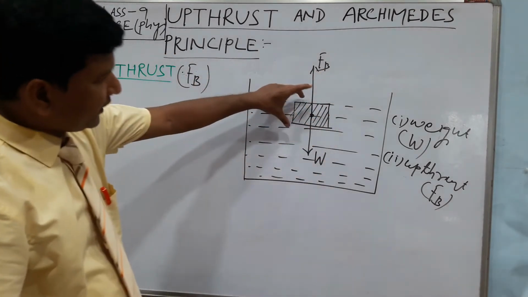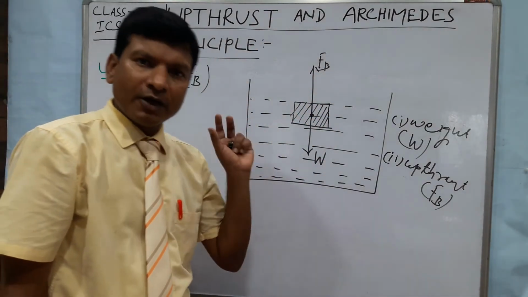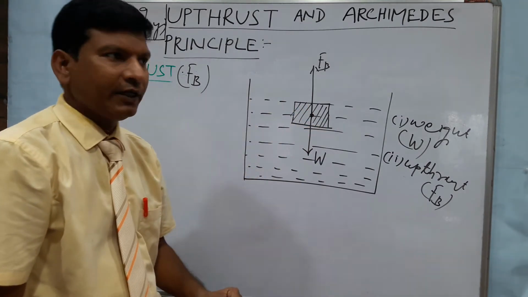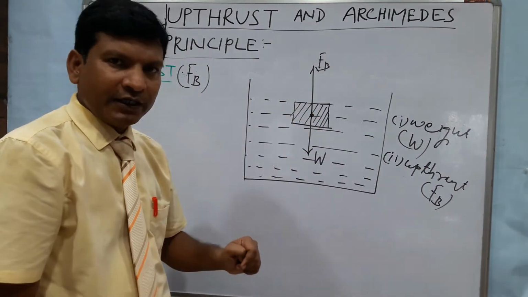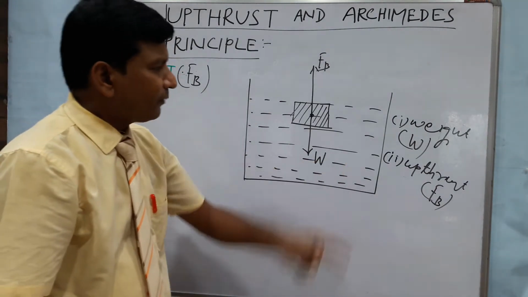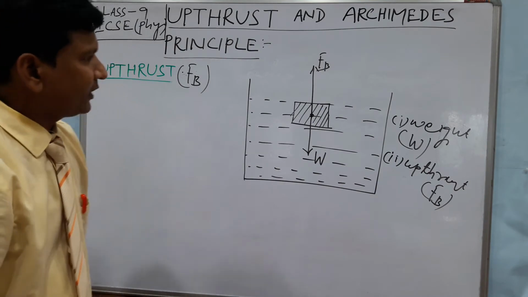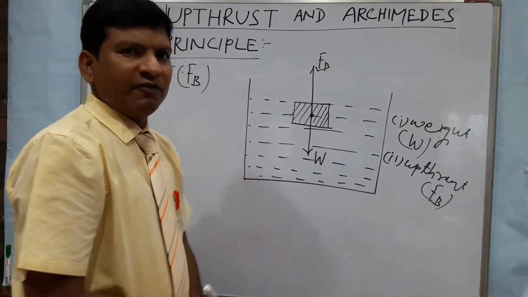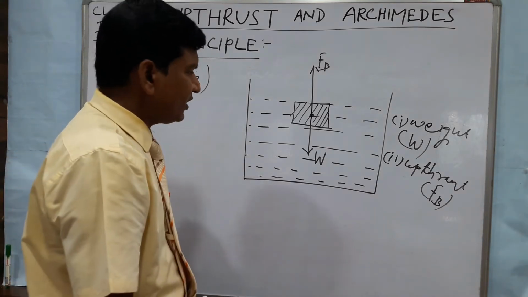So when a body is immersed or submerged in a liquid, two forces act on the body. One is the weight of the body, acting vertically downward, and number two is the upthrust, acting vertically upward. Now in which case will the body float and in which case will it sink?